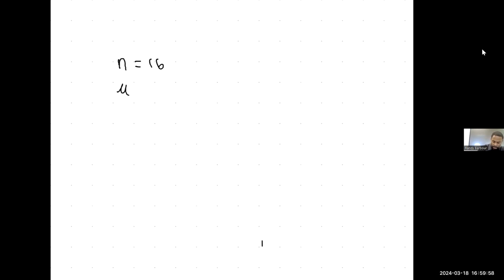The sample mean is 44. They had a value of 16 for the variance. The alpha level, I'm writing all the important information, is 5% with a two-tailed test.